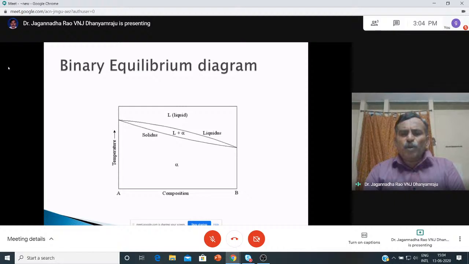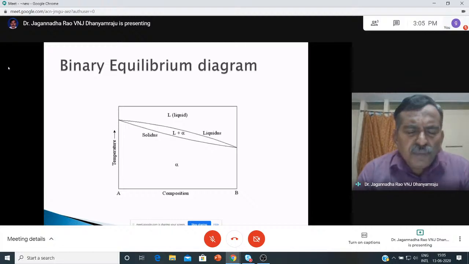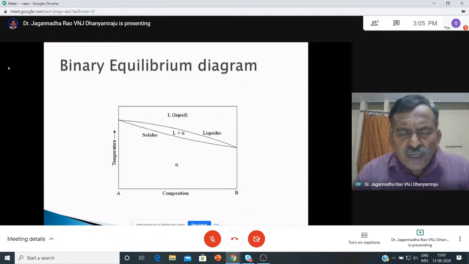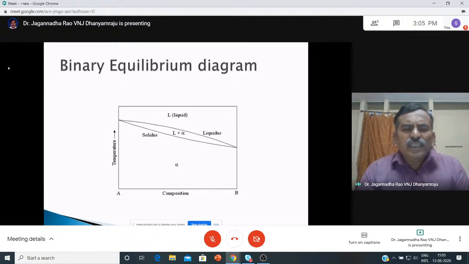That is the melting point of B. And if you plot a number of cooling curves, that is temperature versus time, you can plot the diagram.